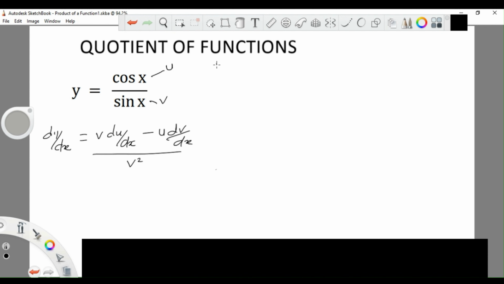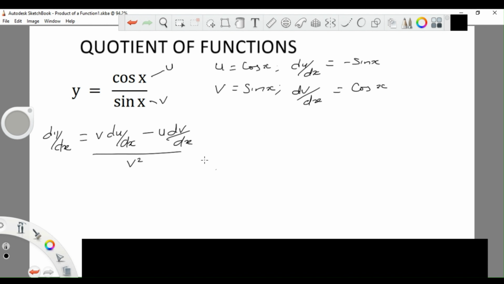So u is equal to cos x. Remember, when you differentiate u with respect to x, that will give us negative sine x. Our v is equal to sine x. Differentiate v with respect to x, that will give us cos x.